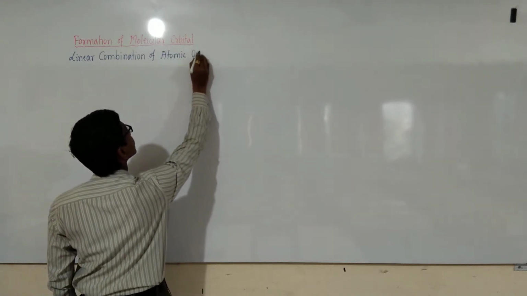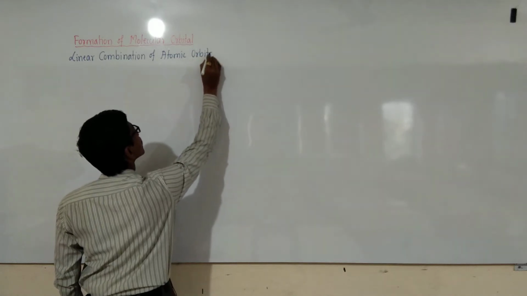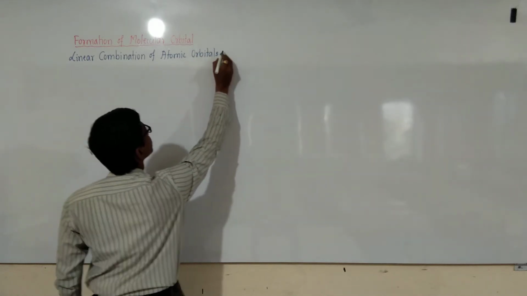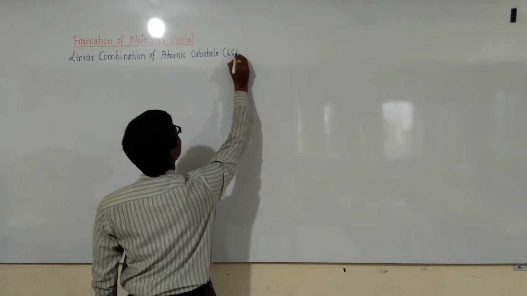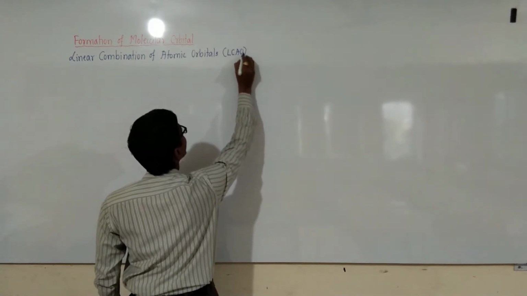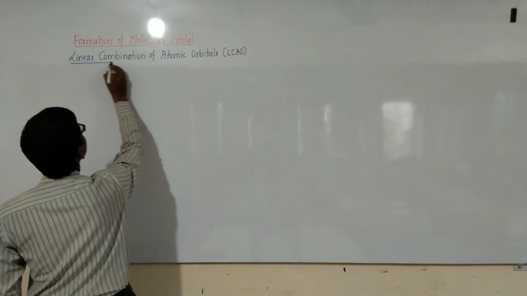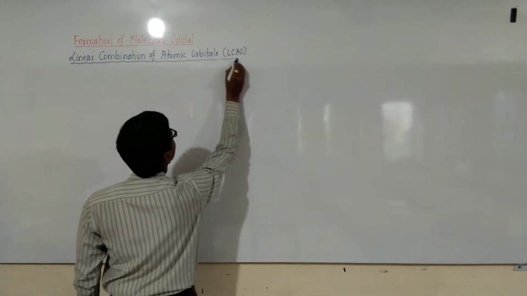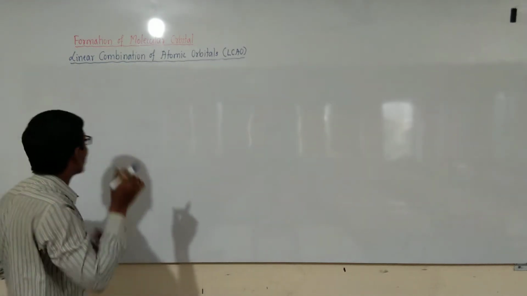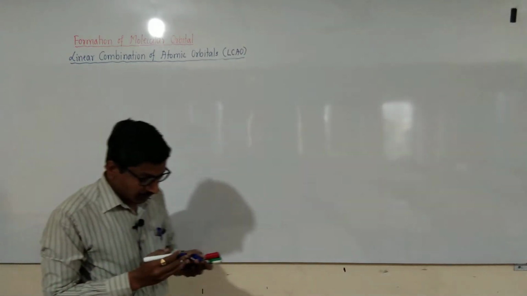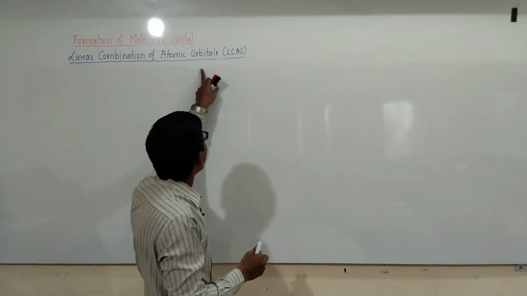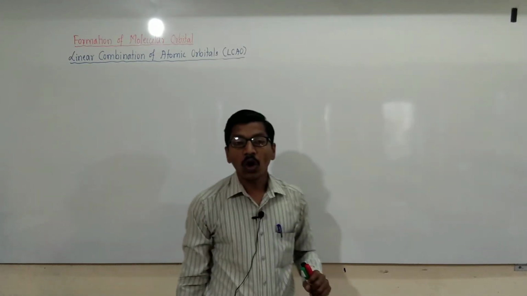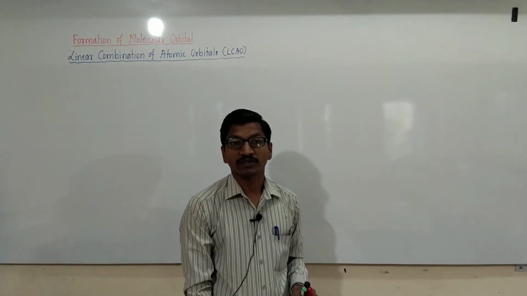It is also called LCAO, linear combination of atomic orbitals. The formation of molecular orbital may be described or explained by linear combination of atomic orbitals.